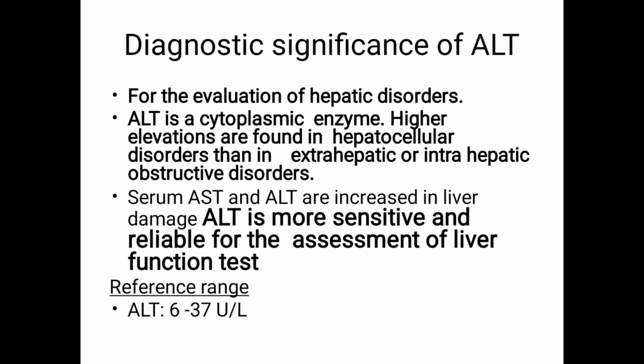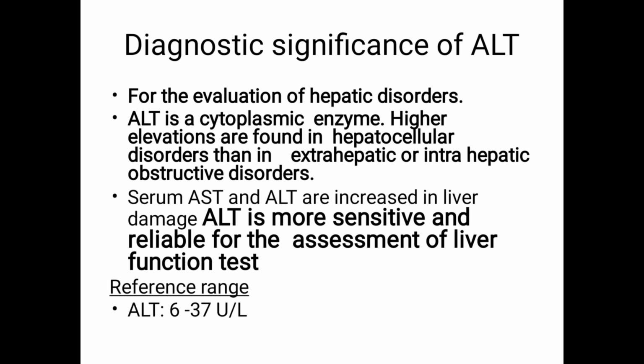So remember, it is a cytoplasmic enzyme, so higher levels are found in hepatocellular damage. What is the meaning? In hepatic liver cell damage, very high levels of ALT are seen. Then in extrahepatic or intrahepatic obstructive disorder, if any cell damage is there, cirrhosis, viral hepatitis and so on, there is an abrupt increase in ALT.